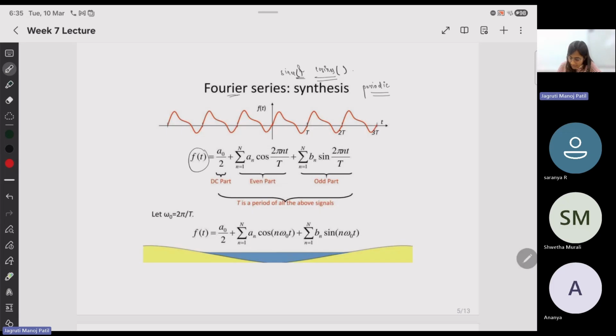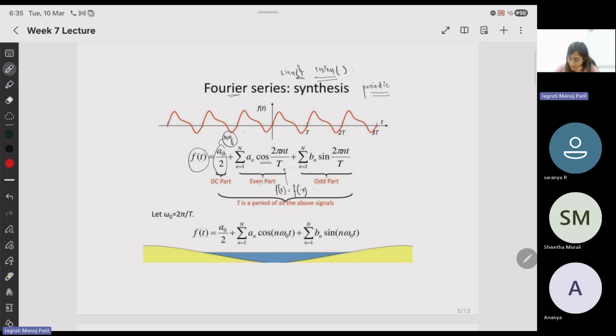So this is like a DC part, or what you call the average here. This is when all these constants are zero and you only have the energy of the function. So that's a naught by 2. And then you all know till this point that cos terms are even functions, right? So f of x is equal to f of minus x in this case.